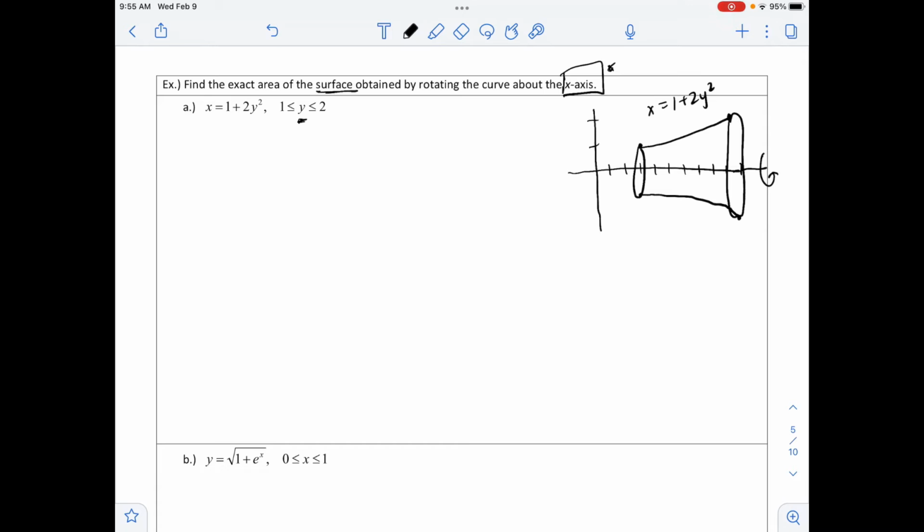And if you notice the radius here, this would be r. And r in this problem is equal to y. So that's a y value.